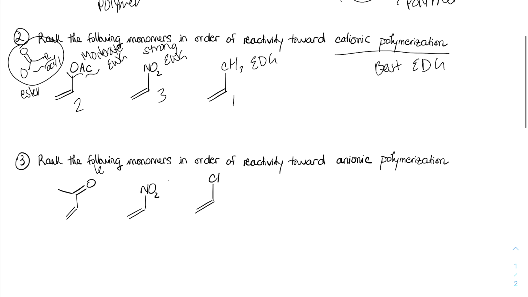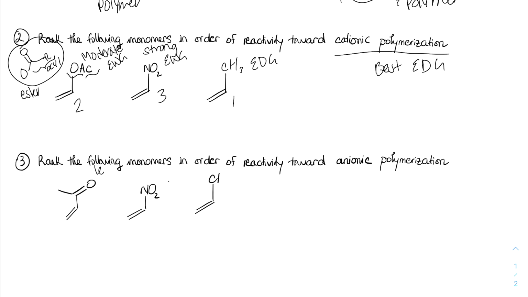Okay, now let's move on to number 3. So rank the following monomers in order of reactivity towards anionic polymerization. So this works best with electron withdrawing groups. So let's go through each and every one and label which one is a better electron withdrawing group. So this right here is a ketone. And we have that ketones are moderate electron withdrawing groups.